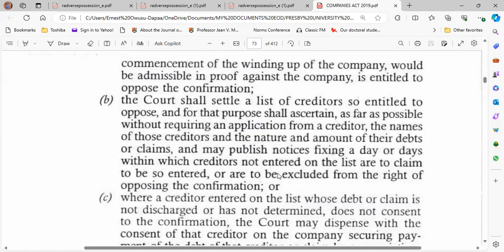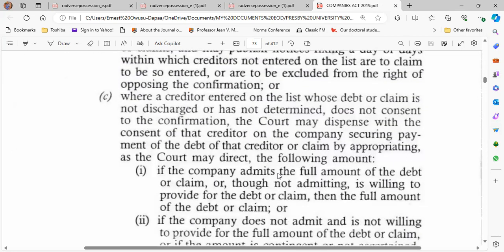And that is why it is the law that if there are creditors who can demonstrate that they have sufficient interest in the company in view of the debt which the company owed them, and they would like to invite the court to decline approval of the confirmation which the company has applied for, that is legitimate. And that is why the procedure is elaborate like that.